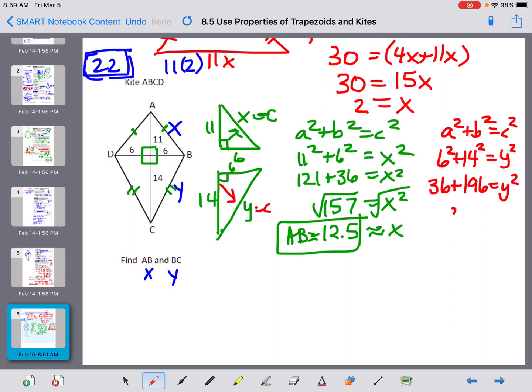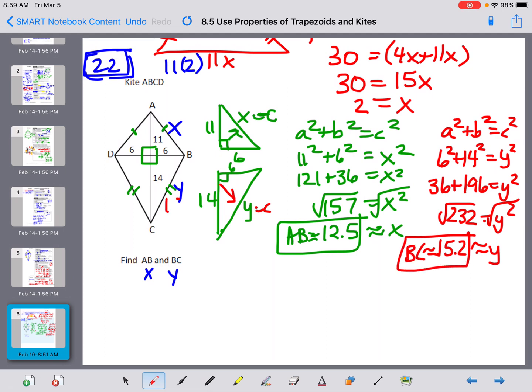Add those together, we get 232. And we take the square root, and we get about 15.2. And that's going to be my BC. Okay. So about 15.2 here, which means this side will be 15.2. And if we had 12.5 up here, then this side will also be 12.5. Okay.